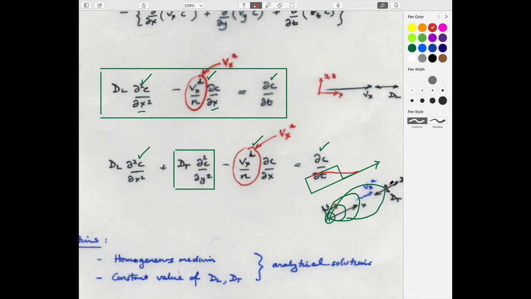You could also look at a section across this to look at what the distribution would be.